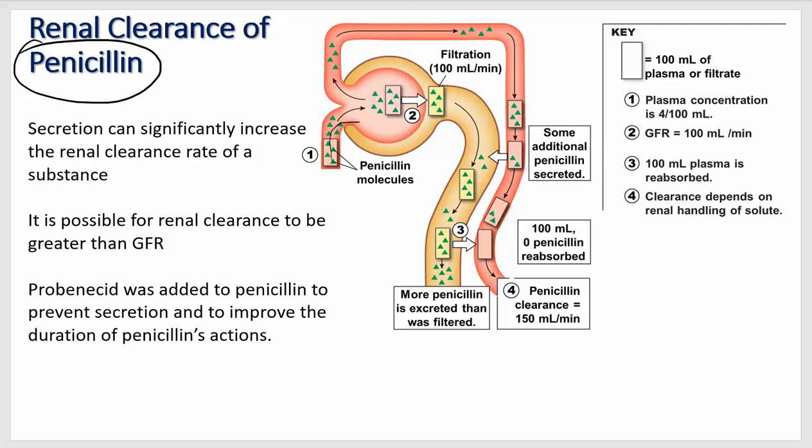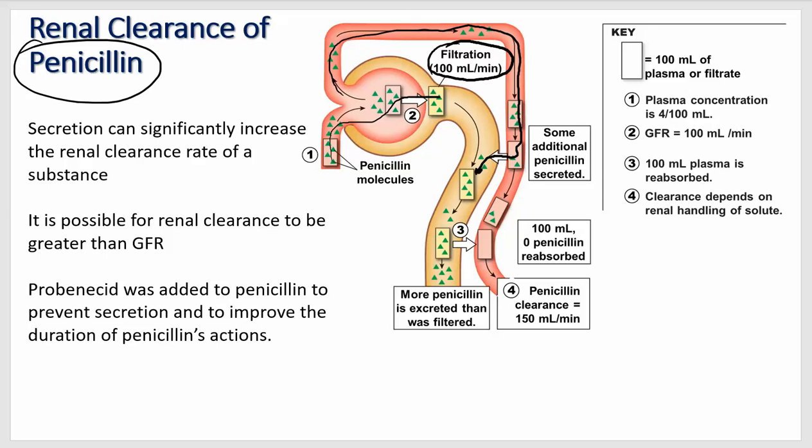So the penicillin moves through, and yes, some of it is filtered, and again, our filtration rate here is 100 milliliters per minute. Good job, just like the inulin. So that's our GFR. Then some of it goes past, but what happens here is like, hey, are you penicillin? You need to come with me. And the penicillin says, darn it, I almost made it, and now I'm going to be urine.